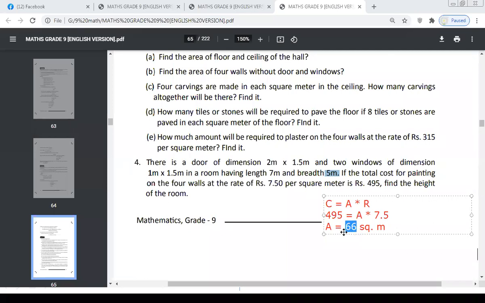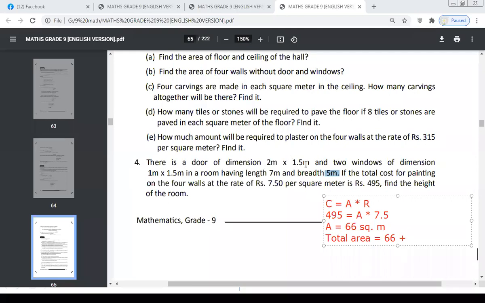And to get the total area of 4 walls, we have to add these two values, door and windows, to this area which excludes door and windows. The area of door and windows must be added to the area excluding them. Total area will be equal to 66 plus areas of door and windows.